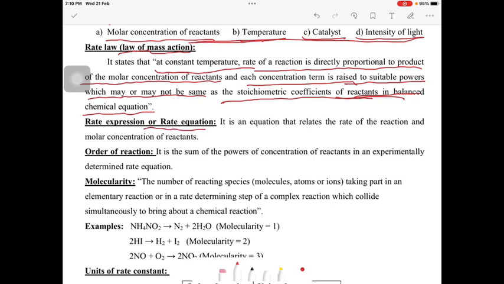Rate expression or rate equation: it is an equation that relates the rate of the reaction and molar concentration of reactant. Order of reaction: the sum of powers of concentration of the reactants in the experimentally determined rate equation.